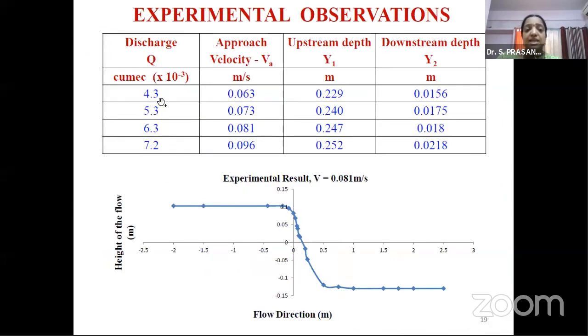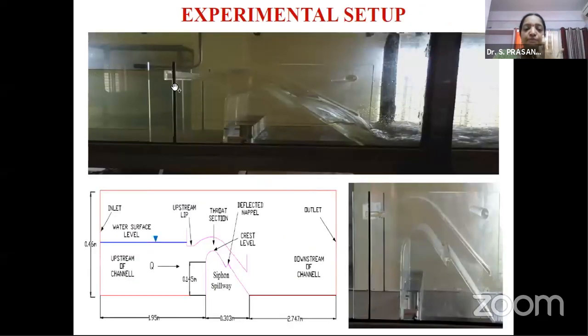Here, we have tested with many discharges, out of which we have taken these 4 discharges for further analysis. The discharge was measured using volumetric analysis. A very important point to note here is that we try to plot the water surface profile from the upstream onto the spillway and then onto the downstream side.